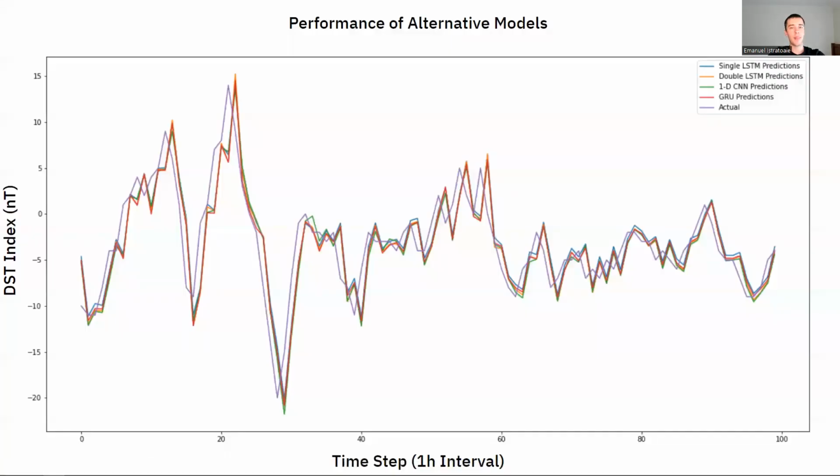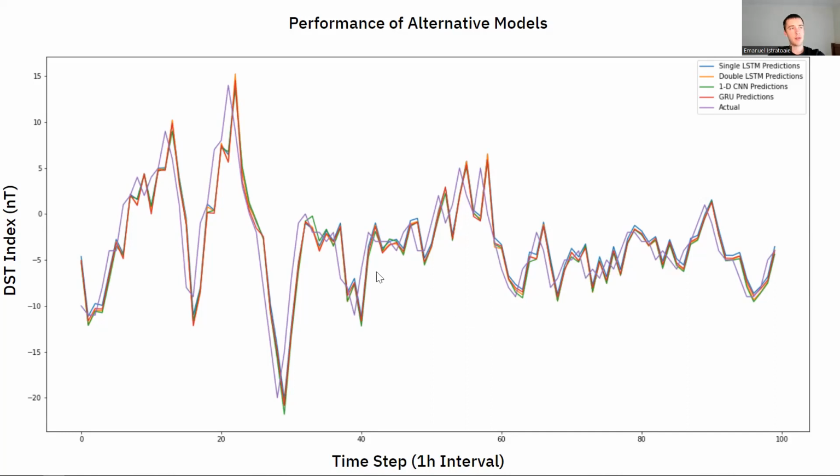The graph depicts the Dst Index predicted by each artificial neural network compared to the actual Dst Index that was recorded. It's depicting the first 100 time steps of the testing data, and it can be noted that all models performed quite similarly throughout the testing process.